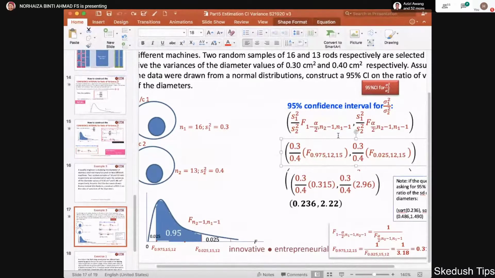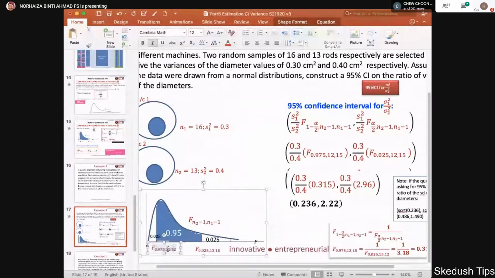Sorry, not 15, 12. It should be 15, 12, right? But the reverse is 12, 15. Oh, I made a mistake, guys. It's 12, 15. So it's 12, 15 here.